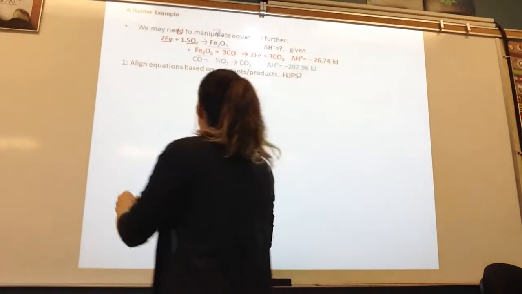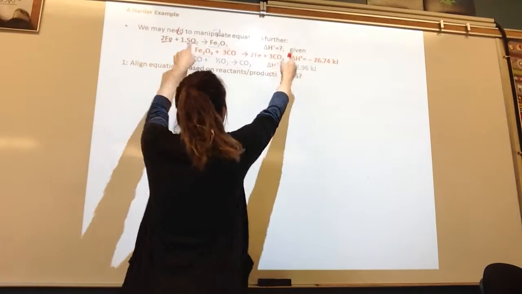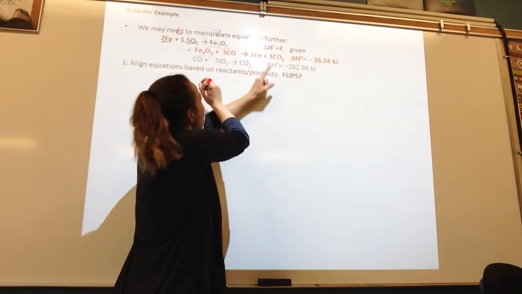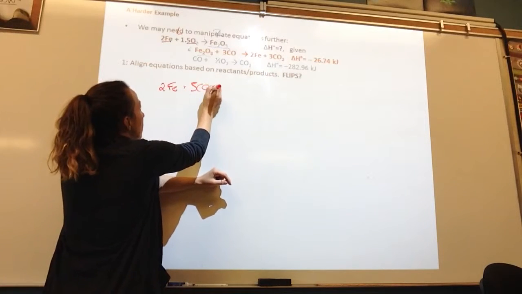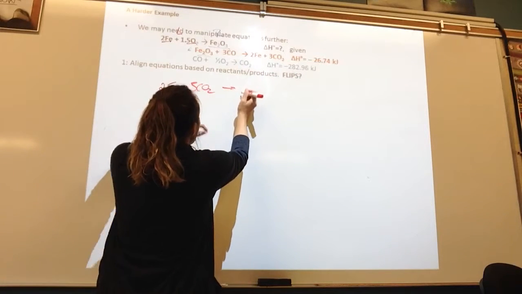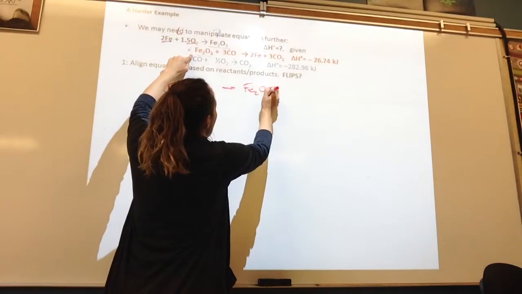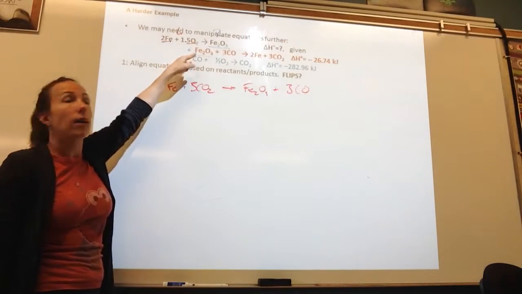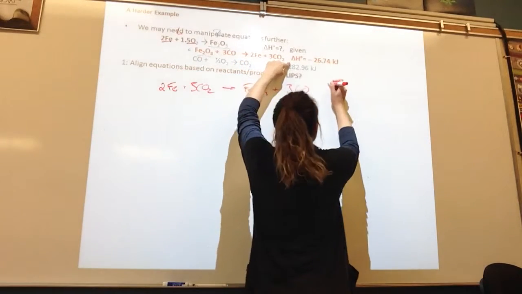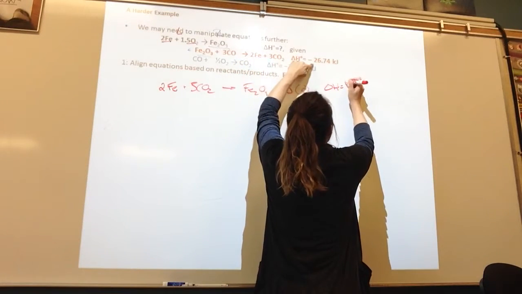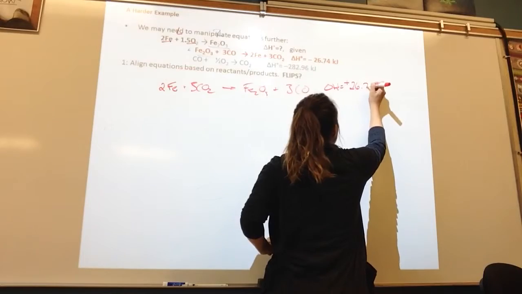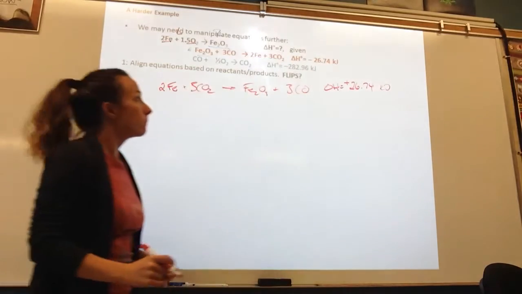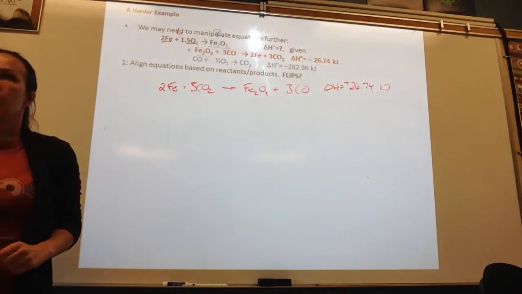So I'm going to write down 2 irons first, and then 3 carbon dioxides, and then my arrow, and then my Fe2O3 and my 3 COs. And right away, I'm going to write down my delta H is equal to now positive 26.74 kilojoules. Okay?